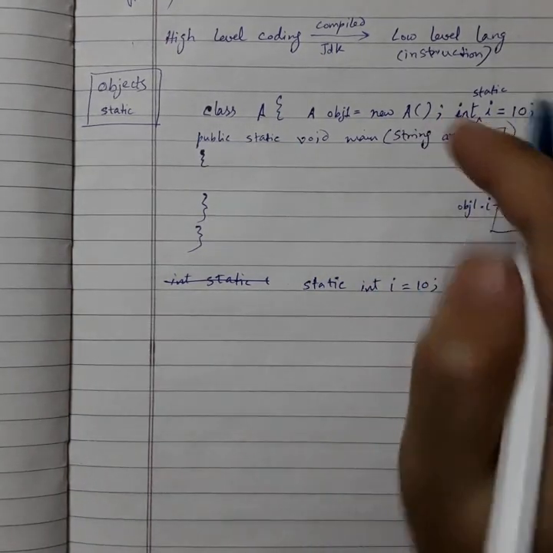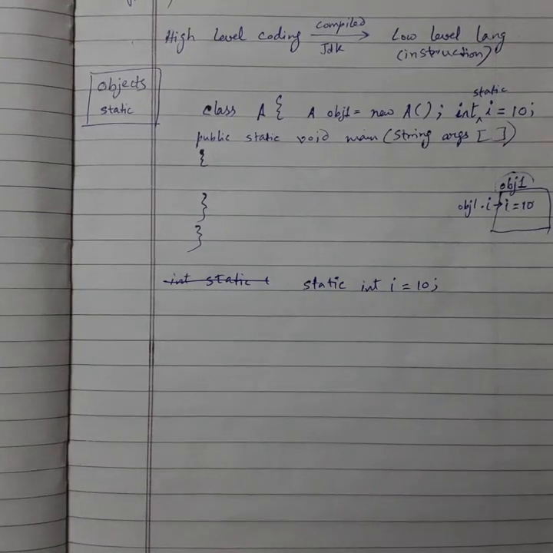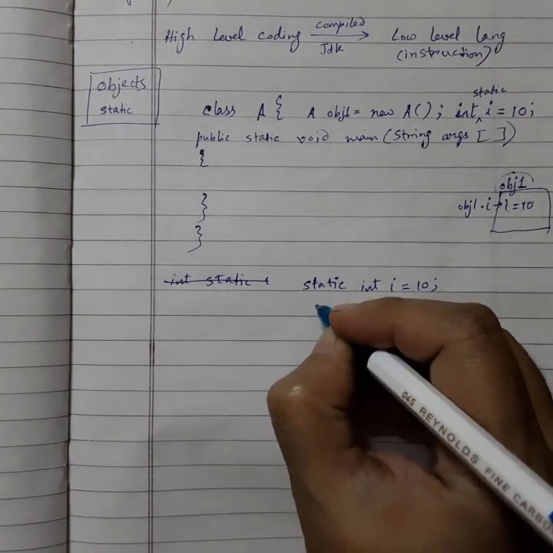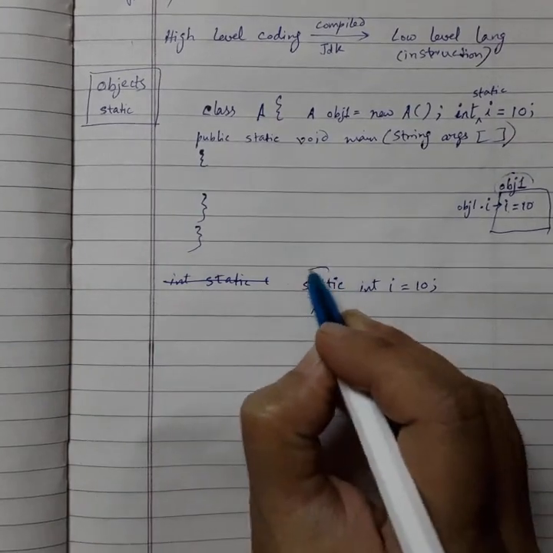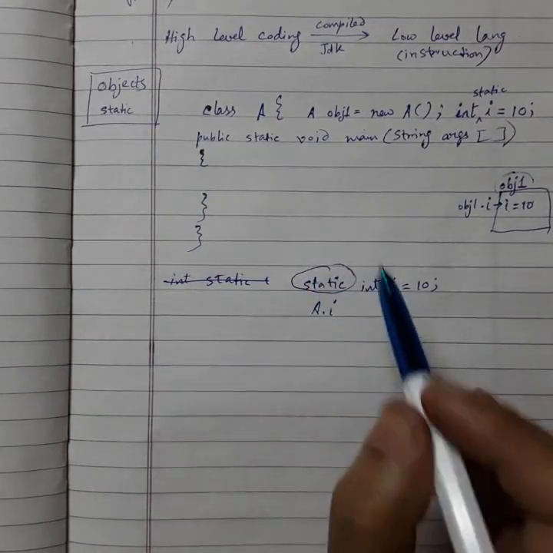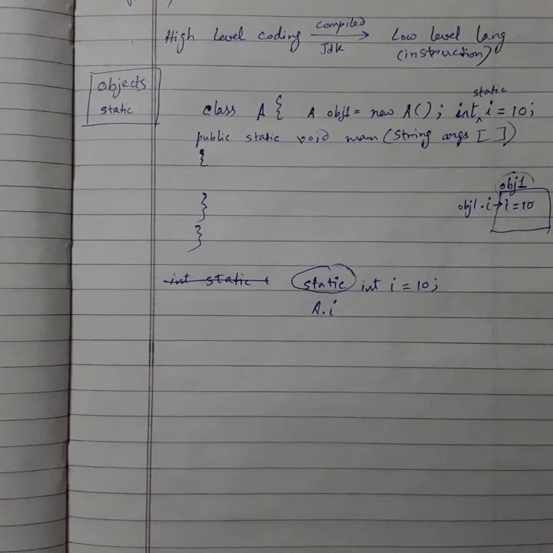Now in order to access I, we can access it with A dot I, because the keyword static means that I belongs to the entire class. We need not make objects to access it.